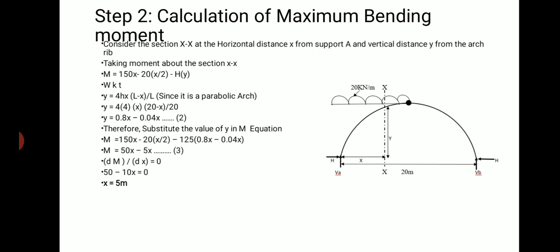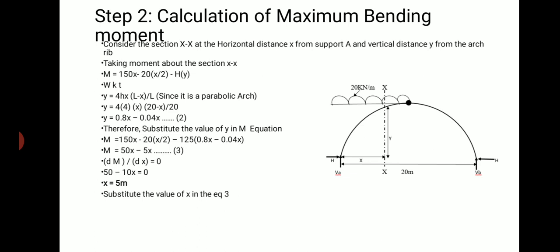Which indicates that from support A, for 5 meters of the span, the maximum bending moment occurs. So at x of 5 meters from support A, you will be having the maximum bending moment.